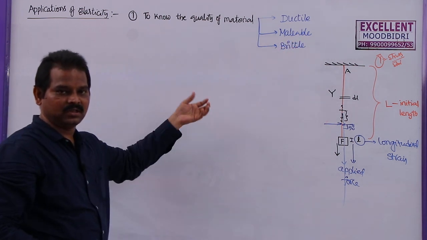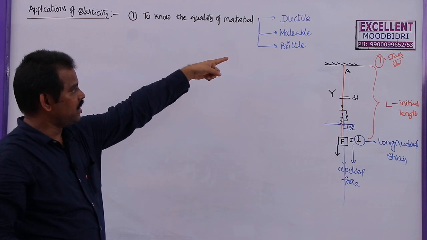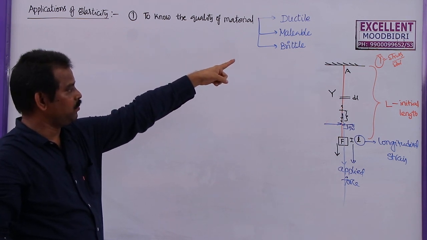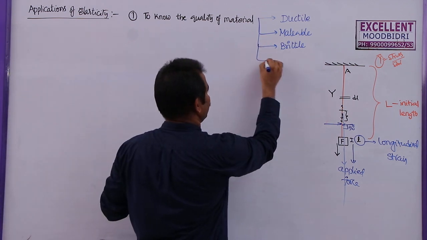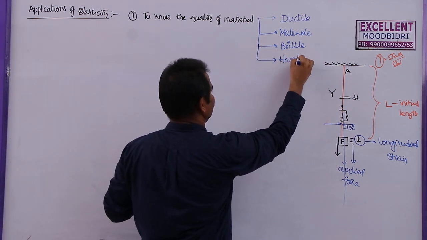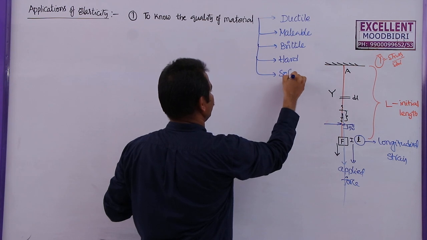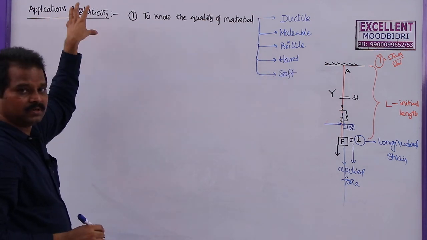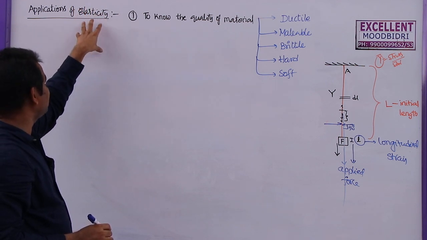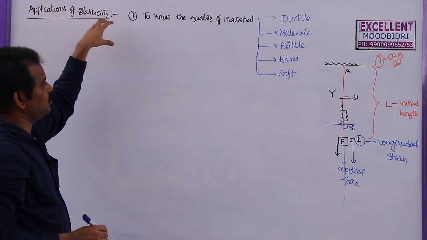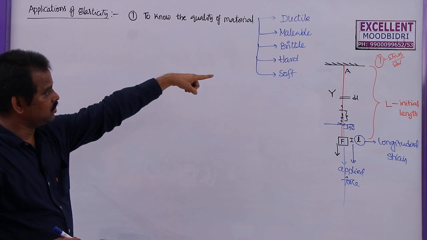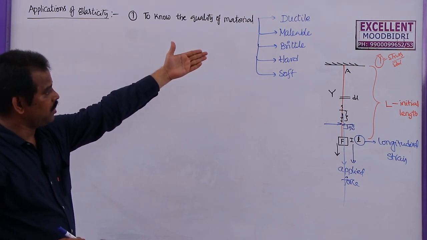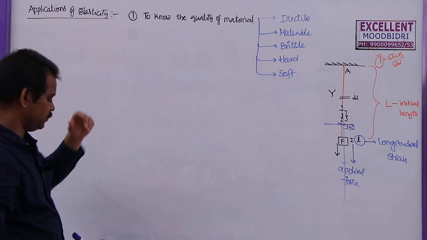By studying the stress strain curve, we can decide whether the material has ductility or malleability or brittleness, and also whether it is a hard material or a soft material. These are applications of elasticity. After studying elasticity, we can apply that concept in categorizing materials into ductile, malleable, brittle, hard and soft.